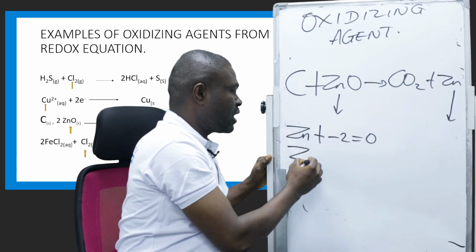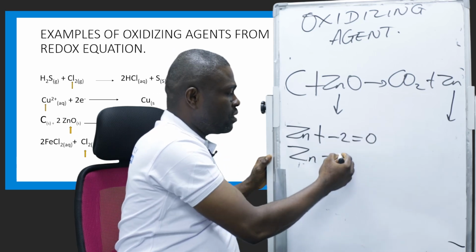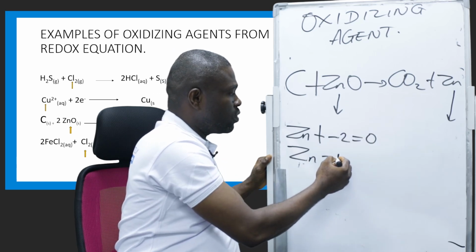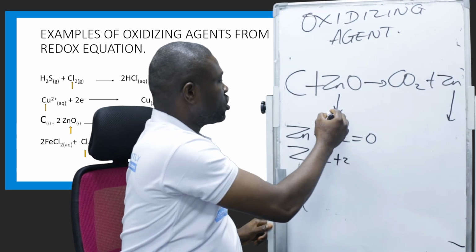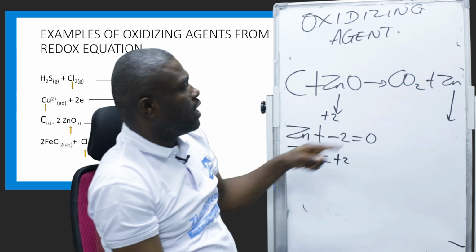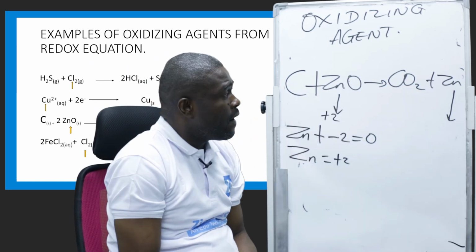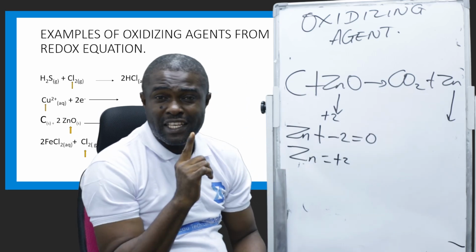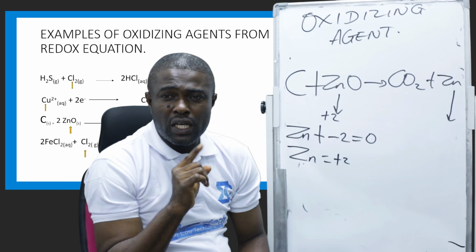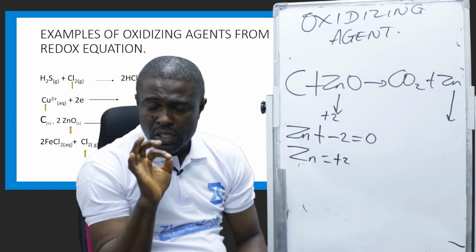So what is my zinc now? My zinc becomes -2. Crossing the sign of equality becomes plus 2. So here the oxidation number is +2. Let us go to the right-hand side where I have zinc. There zinc is alone, in a neutral form, so that zinc has oxidation number of 0.